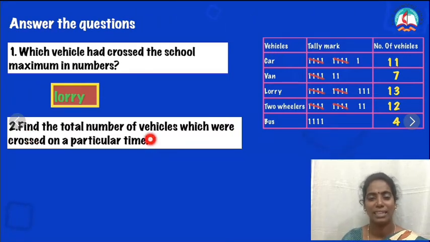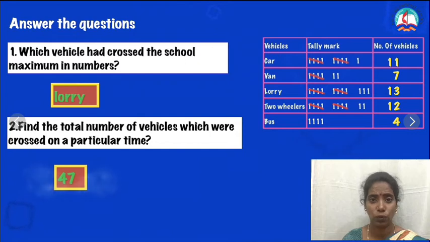Super. The next one: find the total number of vehicles which crossed at a particular time. So we are going to find the total. Easily we can find the total, right? Because look at that number column, there is 11 plus 7 plus 13 plus 12 plus 4.